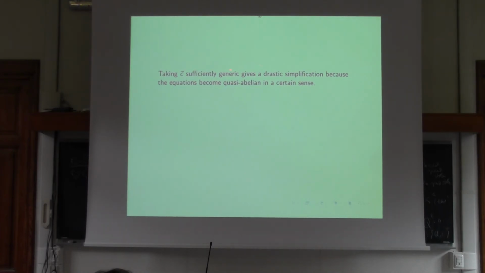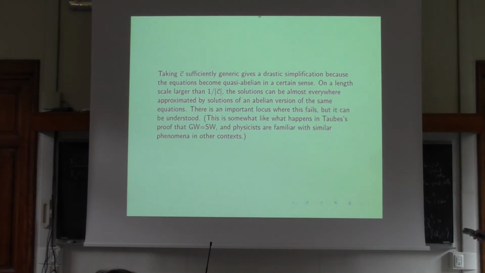Taking c sufficiently generic leads to a drastic simplification because the equations become quasi-abelian in a certain sense. Actually, in a sense not unrelated to the day before yesterday's Nobel Prize. At large c, the structure group of the gauge group is effectively reduced to an abelian subgroup, and the solutions can be approximated by solutions of an abelian version of the same equations.